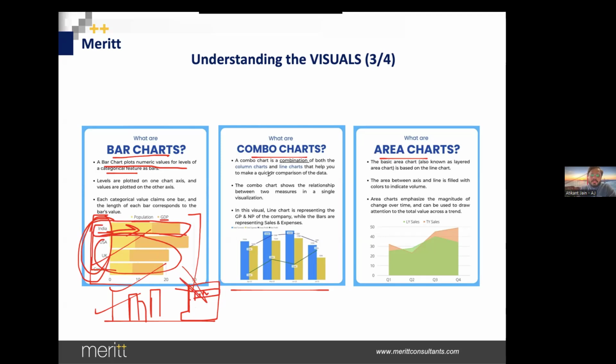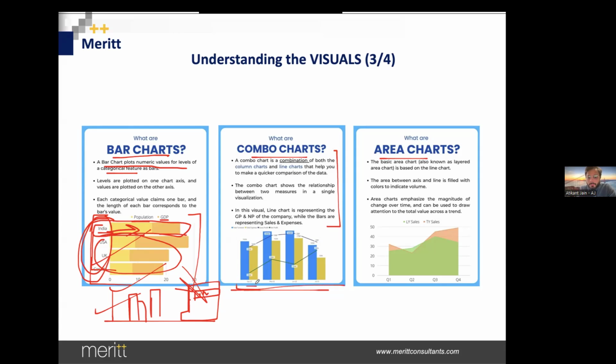Similarly, there is nothing more to explain in combo charts. It is straightforward. You will have two things. For example, you want to see sales as well as profit for each and every state, so you can have a combo chart. And if you want to compare this year's attrition, for example, how many employees there are month on month versus last year month on month, you can create this combo chart.